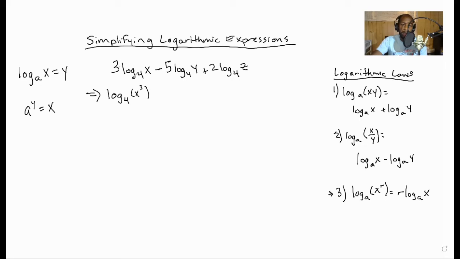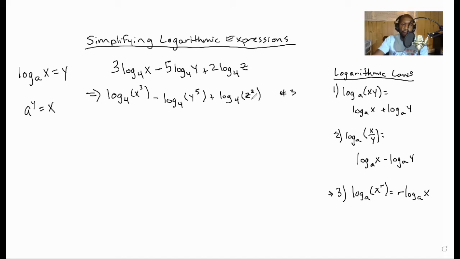Okay, so all we did, using logarithmic law number 3, is move that constant in there with the variable, minus log base 4 of y to the 5th plus log base 4 of z squared. Okay, all right, so that's using logarithmic law number 3.